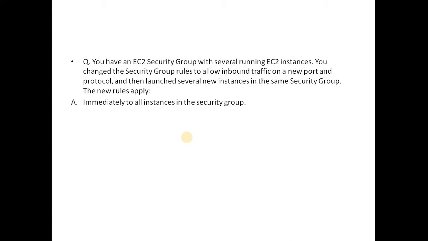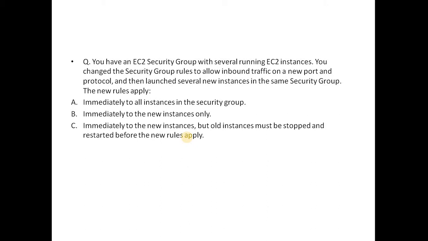Option A: immediately to all instances in the security group. Option B: immediately to the new instances only. Option C: immediately to the new instances, but old instances must be stopped and restarted before the new rules apply. Option D: to all instances, but it may take several minutes for old instances to see the changes.